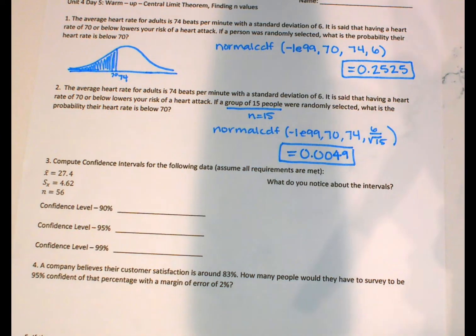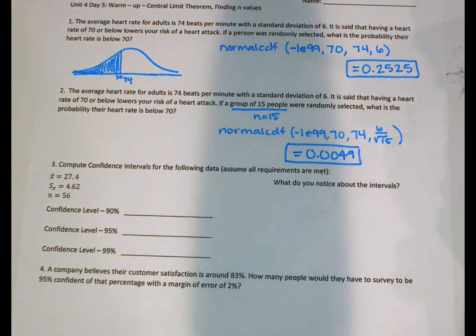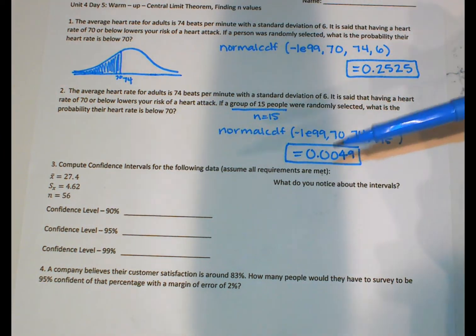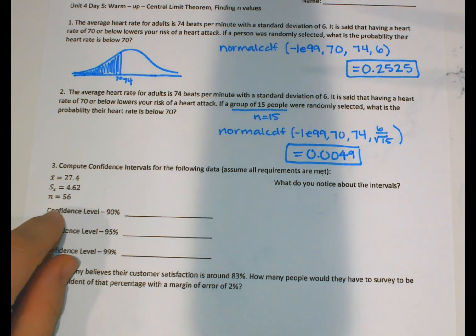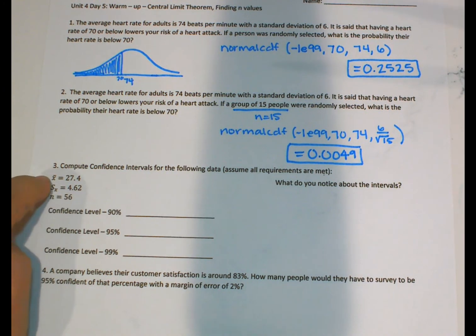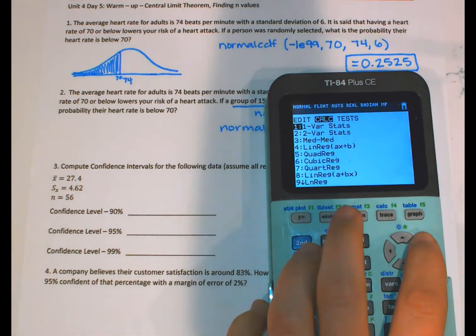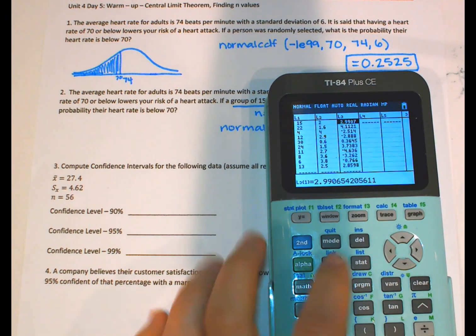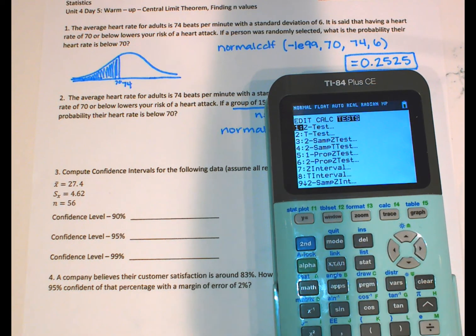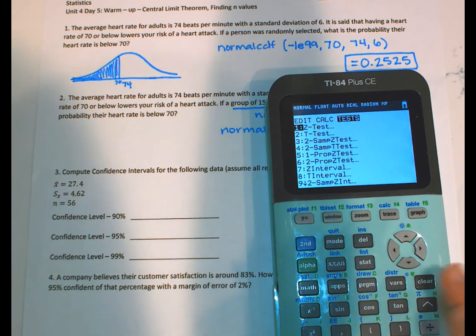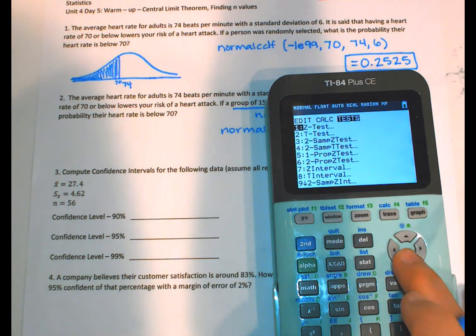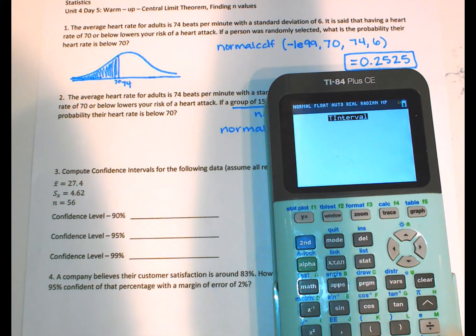All right, so I want to compute the confidence interval for the following data. So it's just given me what it wants me to type into my calculator. Since it told me a mean and a standard deviation, that means I know I'm running a t interval. So I'll go to stat, over to test, down to t interval.